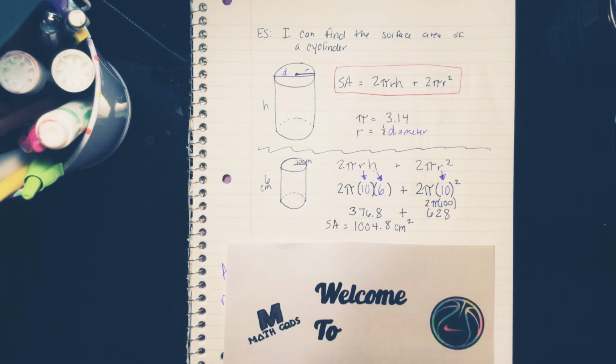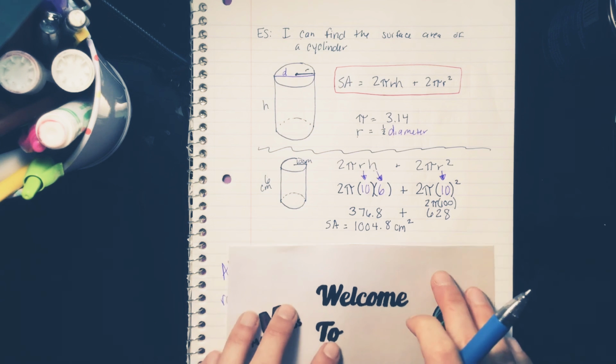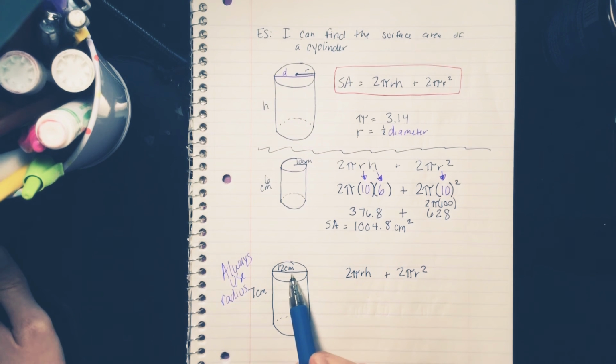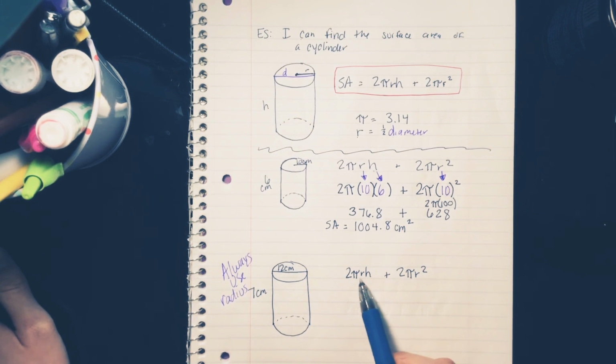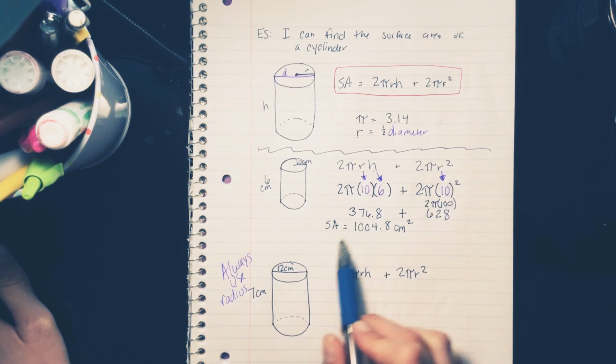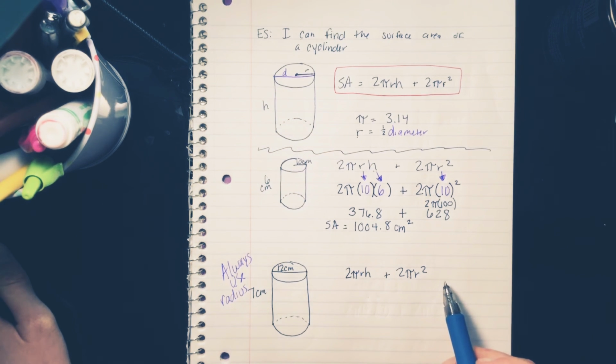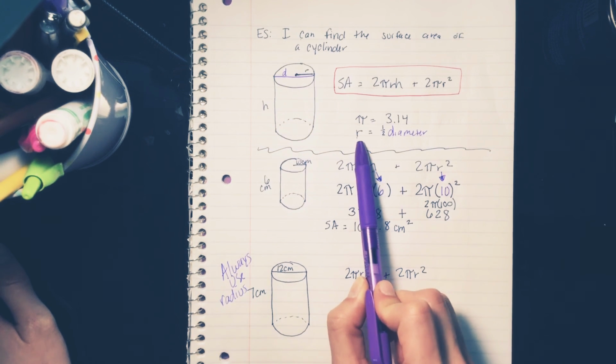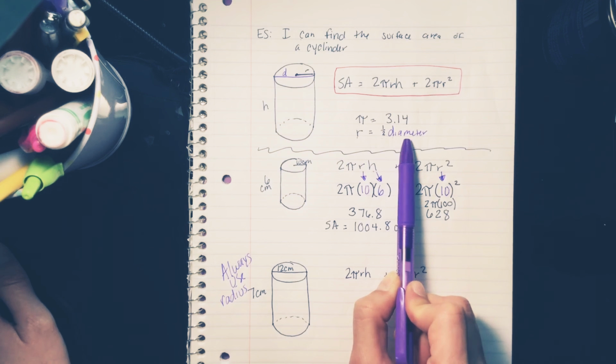Now, what's going to happen if it gives you diameter? This gives you the diameter, but we don't have a D anywhere in this formula. So we need to find the radius using the diameter. Remember, our radius is 1/2 the diameter.